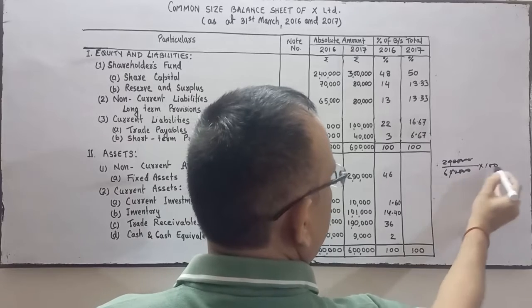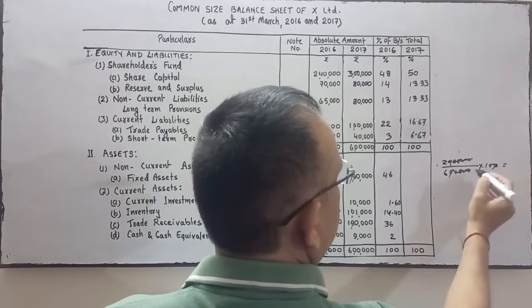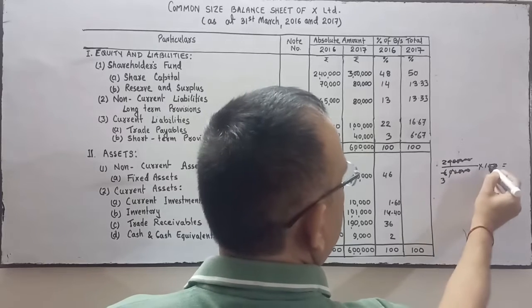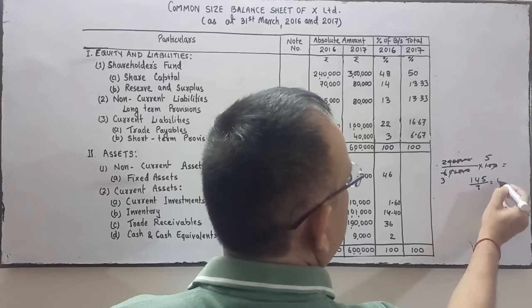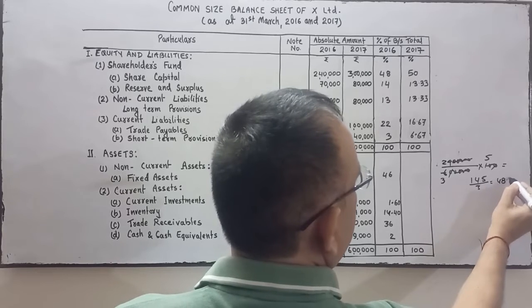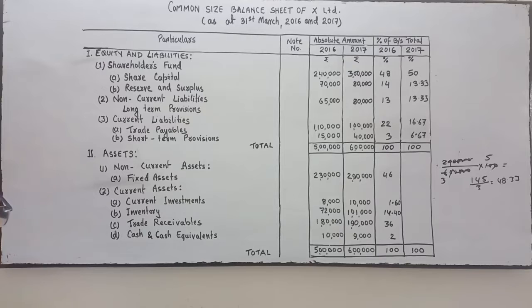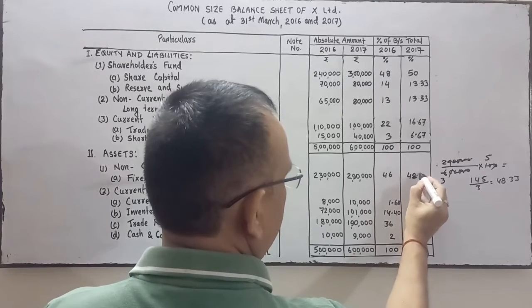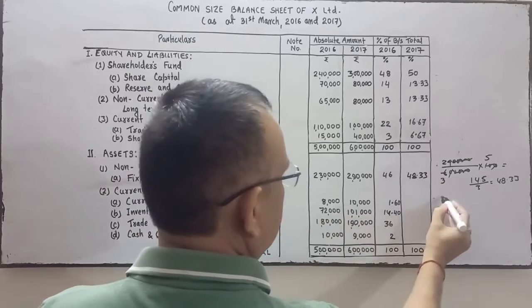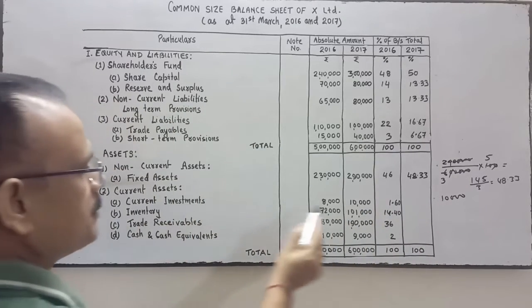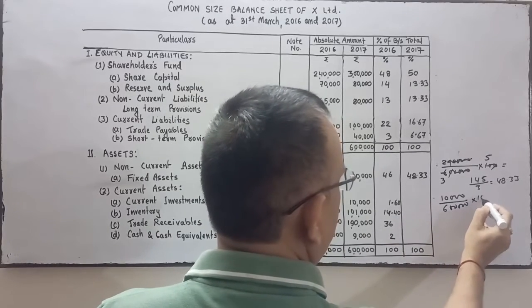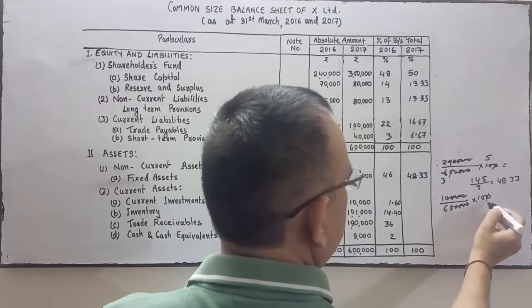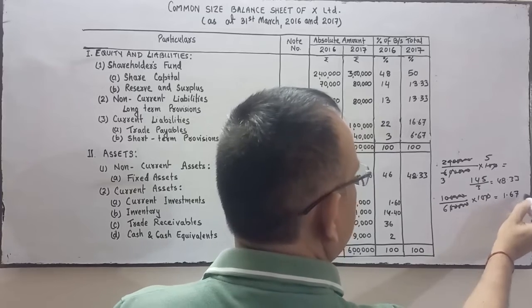So it is 48.33. Now come over here. 10,000 is the current investment in 2017, and total assets is 6 lakhs into 100. So it is 1.67.